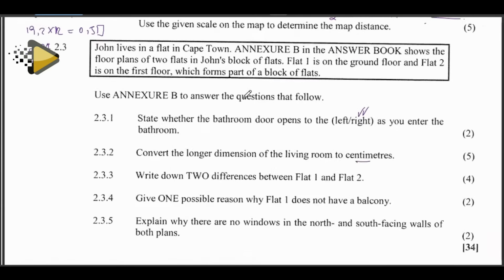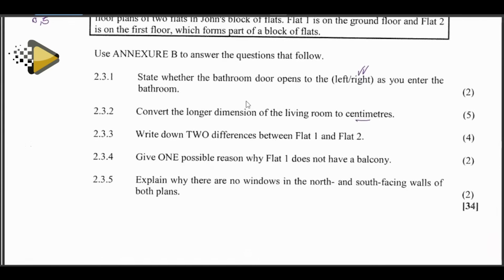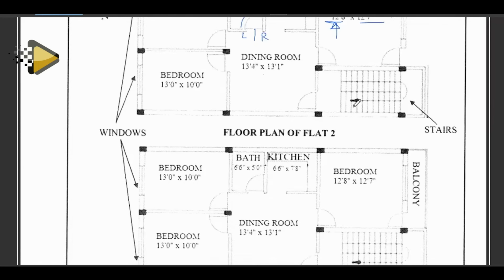Then we go on. We've changed that. They're asking you to write down two differences between flat 1 and flat 2. When you look at it, flat 2 has a balcony. That's what we see. Come here, let's see. Flat 2 has a balcony.